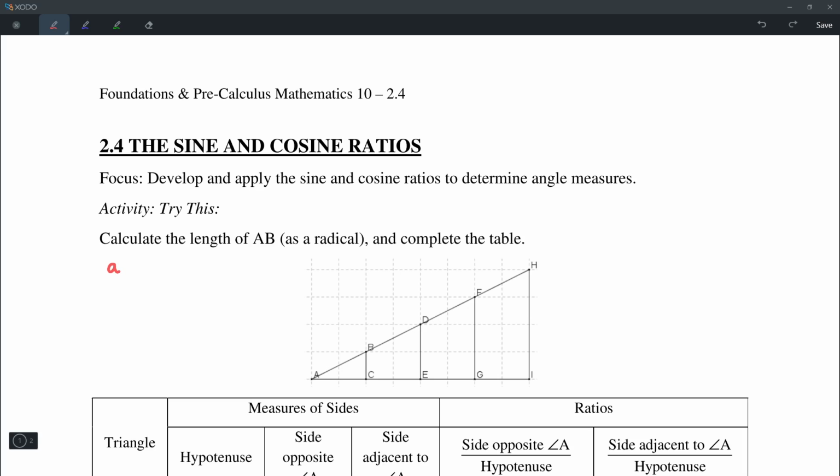So we have a squared plus b squared equals c squared. And in this case, we have the length AC squared plus the length BC squared, which will be equal to the hypotenuse AB squared.